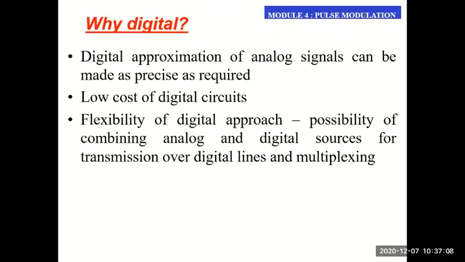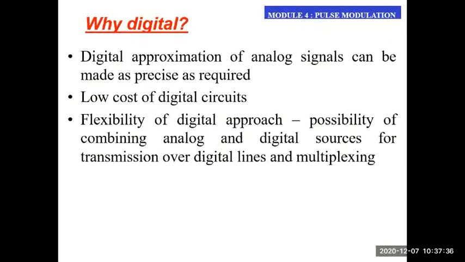Flexibility is another important advantage. So digital circuits are highly flexible. We can also combine analog and digital circuits and sources and transmit them using digital lines. And also multiplexing, we have very efficient digital multiplexing techniques, low cost, highly effective digital multiplexing rather than analog.